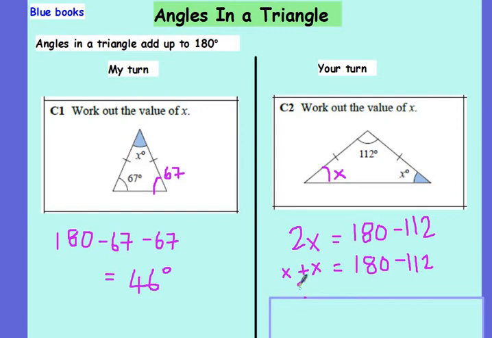So 2x, which is the same as x plus x, is equal to what, Roberts? Lovely, 68. So each of those angles x, which we know is equal because it's an isosceles triangle, is going to equal 34 degrees.